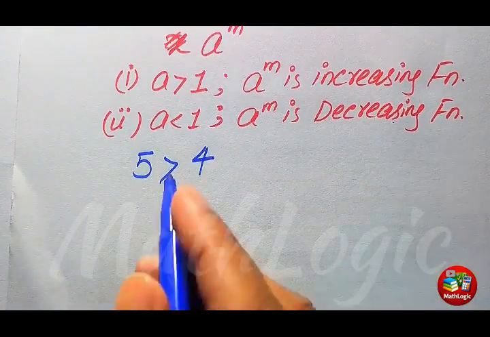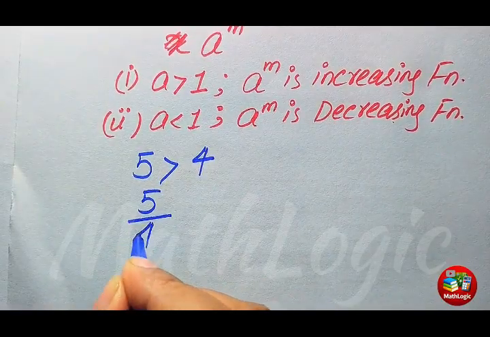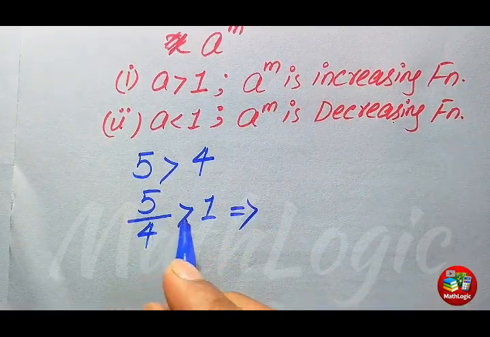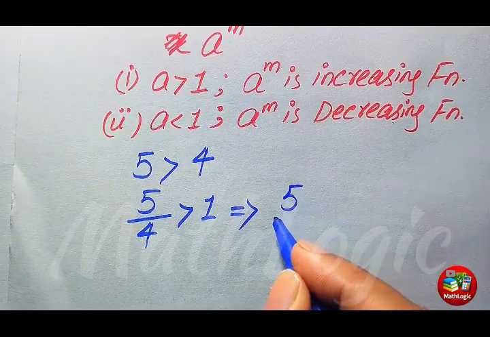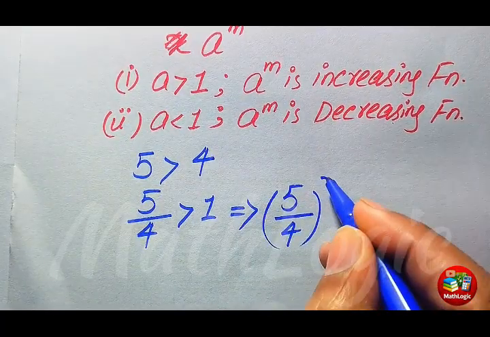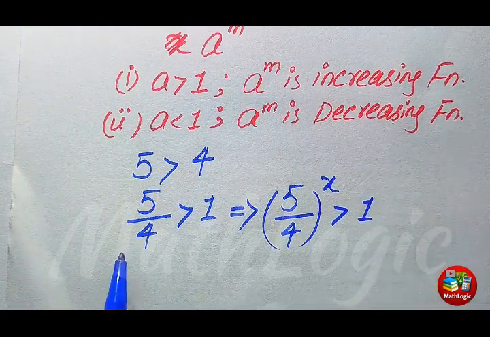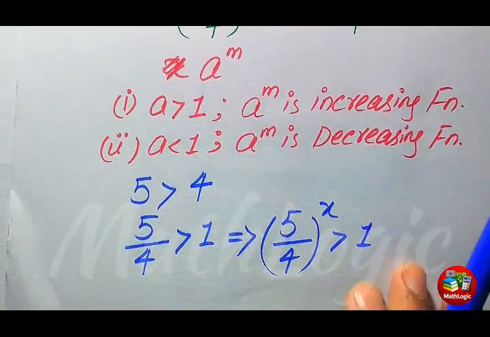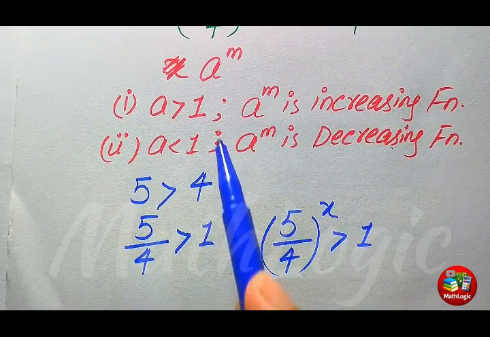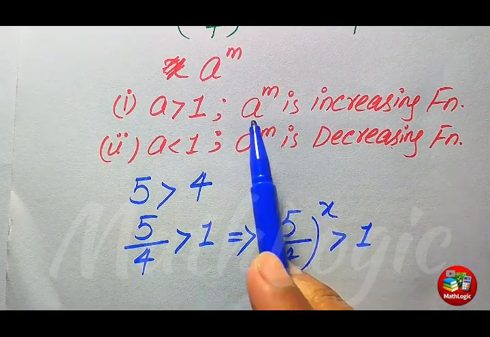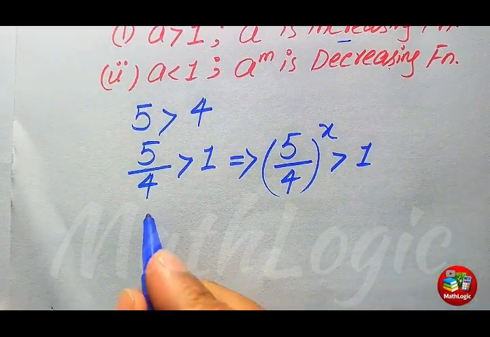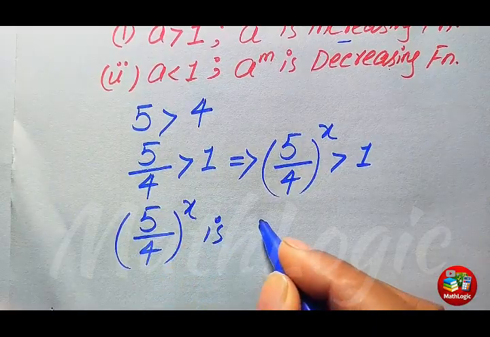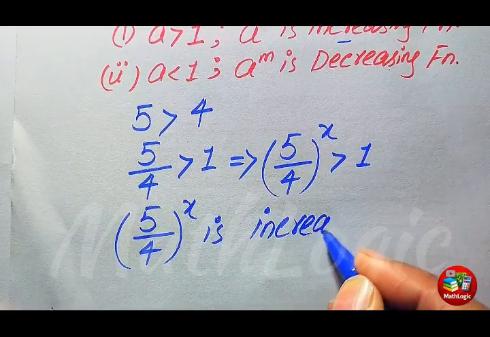When we divide both of the sides by 4, it becomes 5 over 4 is greater than 1. This means that the whole function 5 over 4 to the power of x is an increasing function.